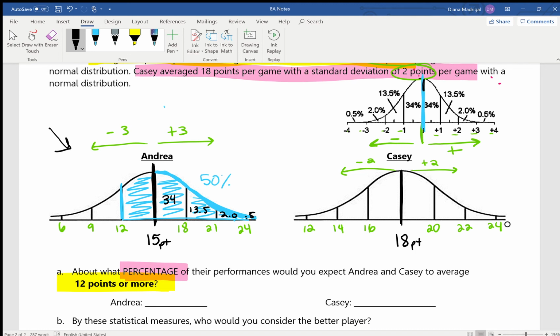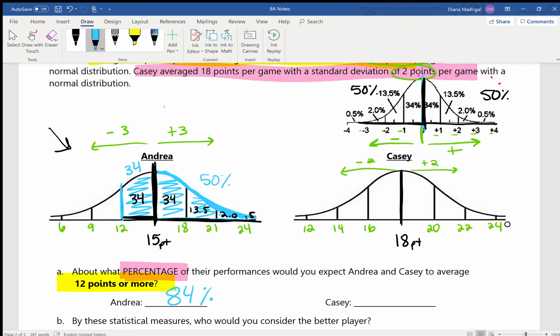I told you from the middle to the right is 50%, and from the middle to the left, it's another 50%. I already used this half of my graph. I'm missing this side, the 34%. This is another 34. So all you're going to do is add 50 plus 34%, and that's going to give me 84%.